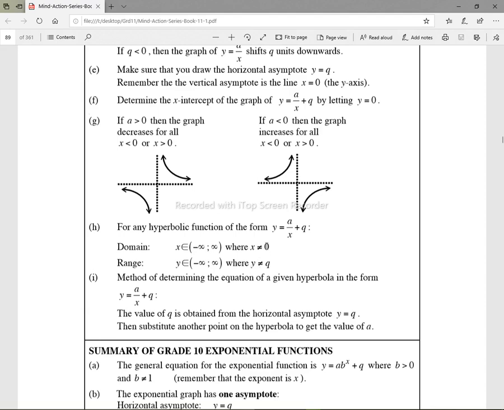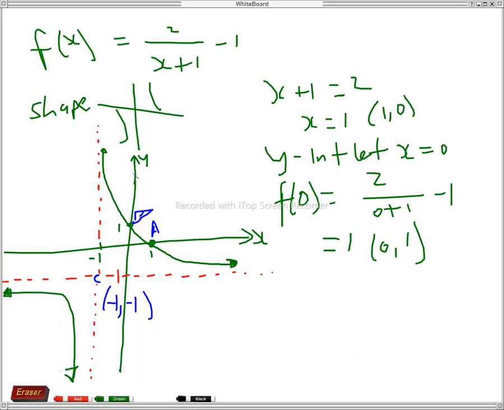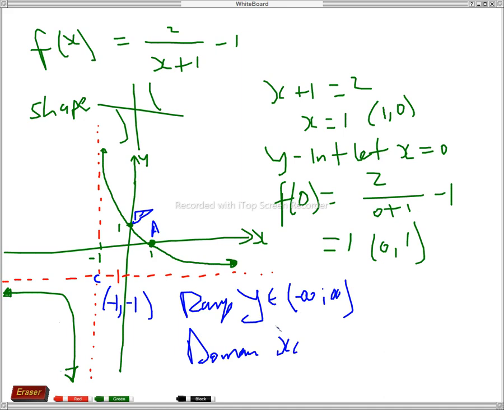Let me just write it like this so that you can understand: negative infinity to the positive infinity. This is the range. And then the domain is for x element of negative infinity to the positive infinity.